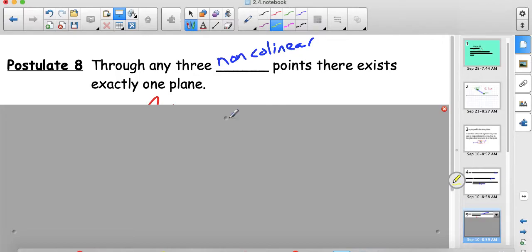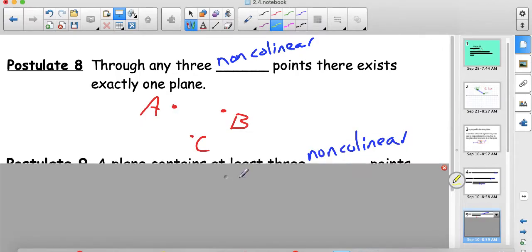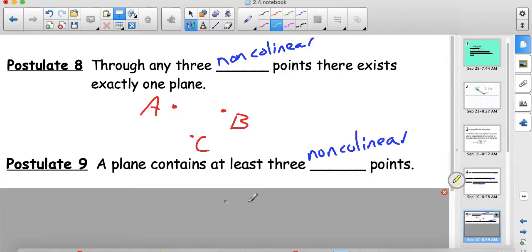Postulate 9 takes those two ideas and flip-flops them, just like we did earlier. So postulate 9 is going to have the same idea, but which piece is given to you first is the difference. So postulate 9 says a plane will consist of at least three non-collinear points. Remember, non-collinear points are things that look like A, B, and C here.